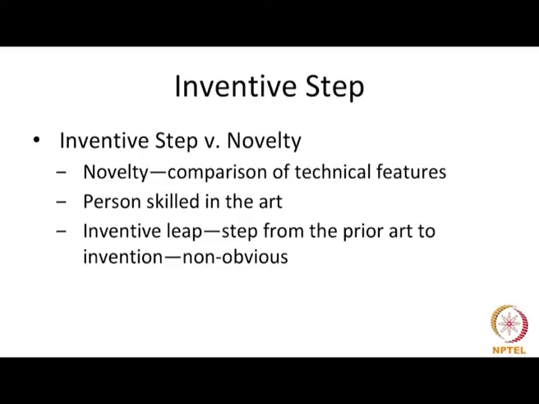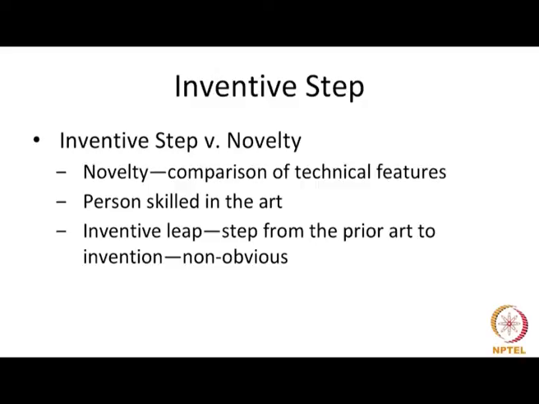If the comparison matches in all the technical features, then the invention is said to have been anticipated, provided there are no secrecy provisions and the prior art document predates the date of filing of an application with the complete specification. We saw that in the definition.